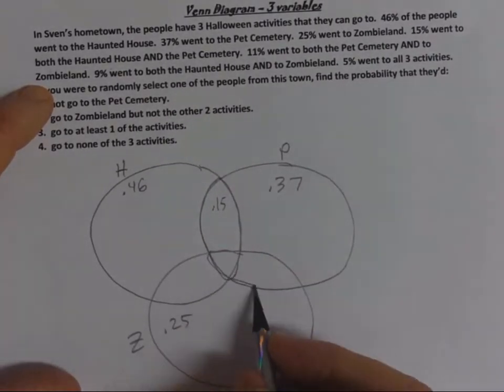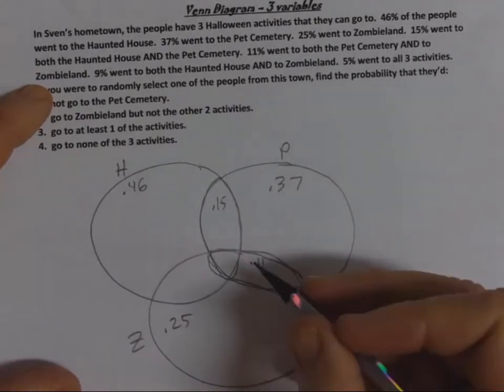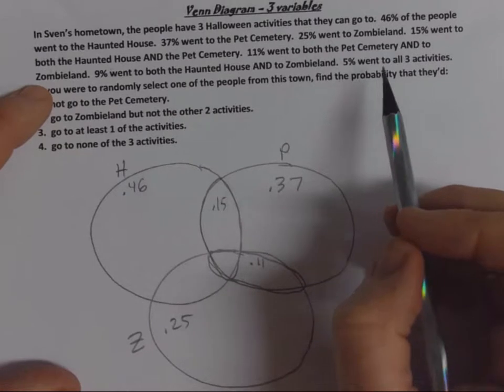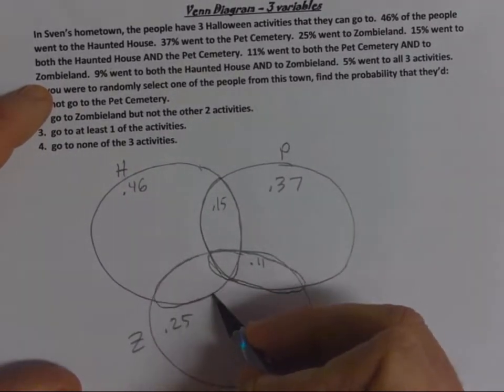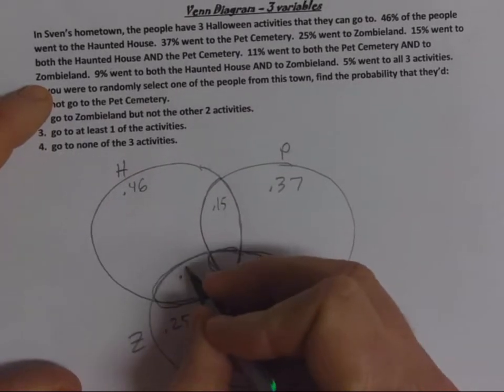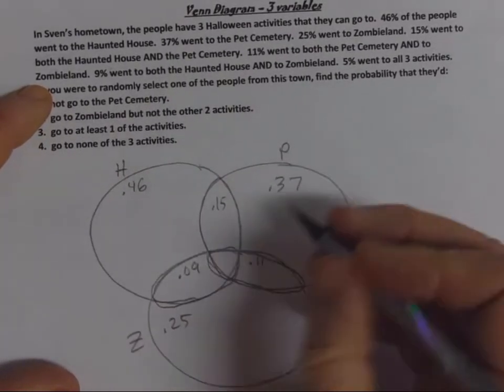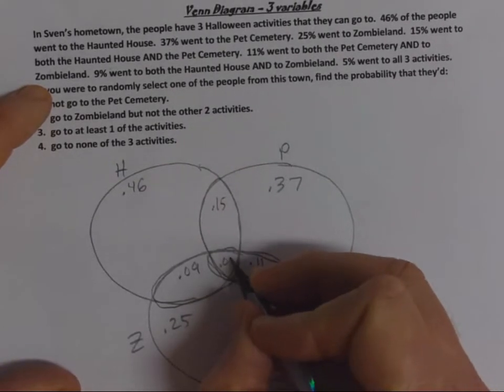That's this overlapping region there, so I'll put 0.11 right there. And then we have people that went to both the haunted house and Zombieland. That is this football-shaped region, so that's 0.09. And then it said 5% went to all three, and so that's this region right in the middle, 0.05.